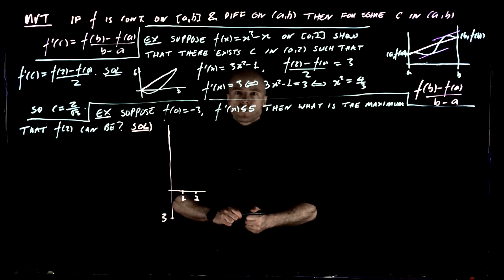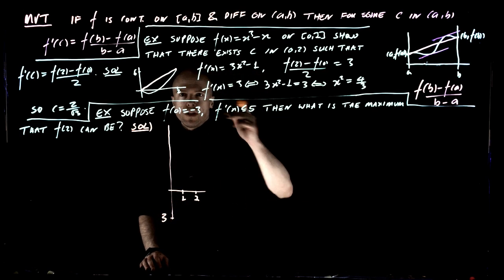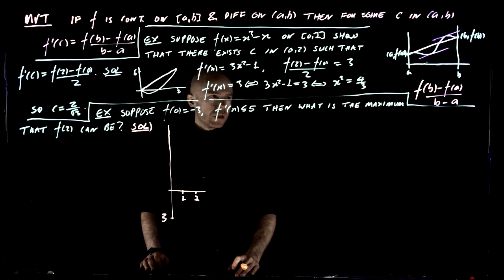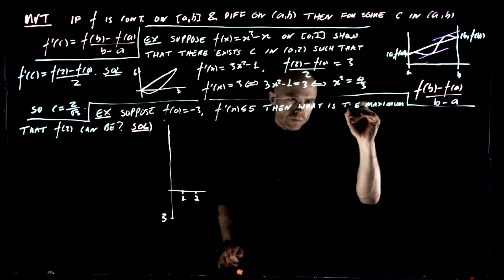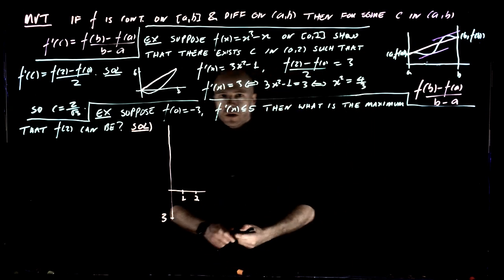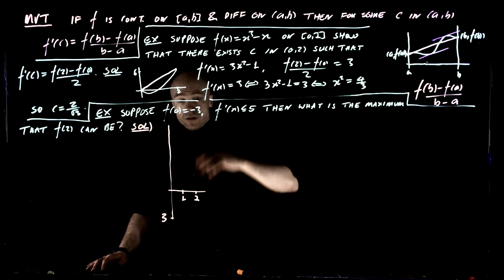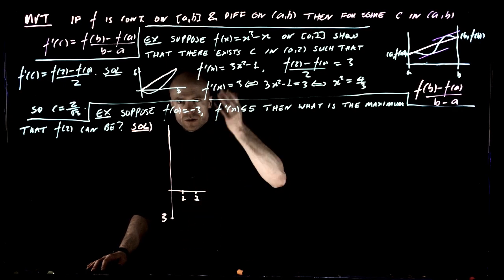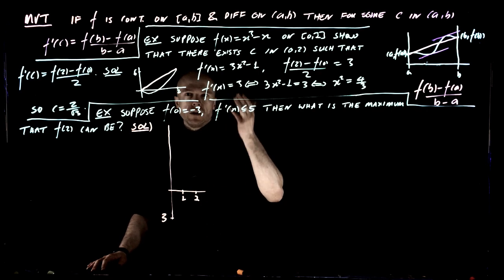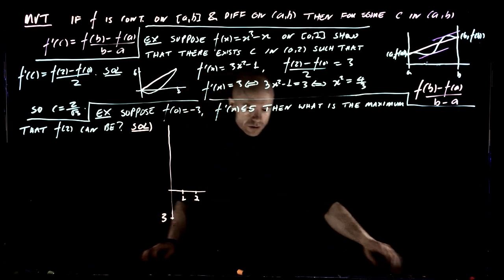Okay, so let's think about it. The derivative is always less than or equal to 5, and we want to see what's the maximum f of 2 can be. If we want to create a function that grows as fast as possible upwards with this constraint, it's going to be one where the derivative is always equal to 5. And that itself is a linear function. So let's draw that.